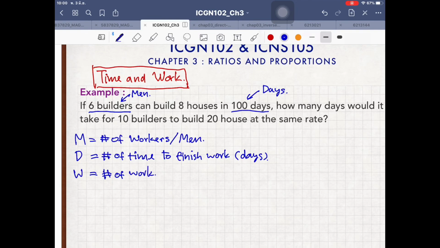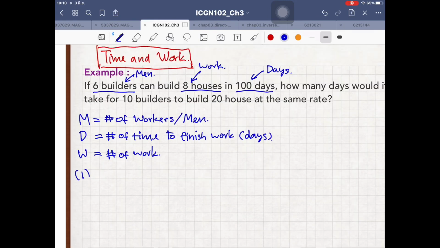So in this problem, we want to build 8 houses. Okay, so here we're going to have 3 terms, M, D, and W. The first thing is the number of workers, the number of men. This term can depend on W. Let's see the reason.